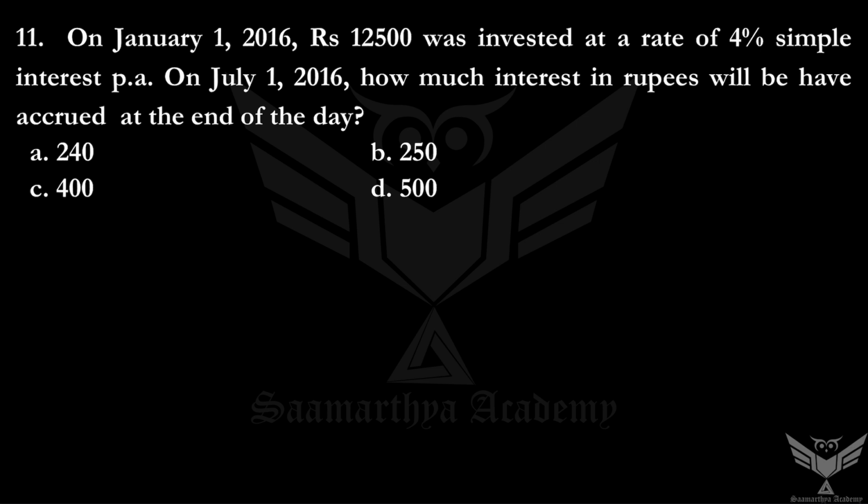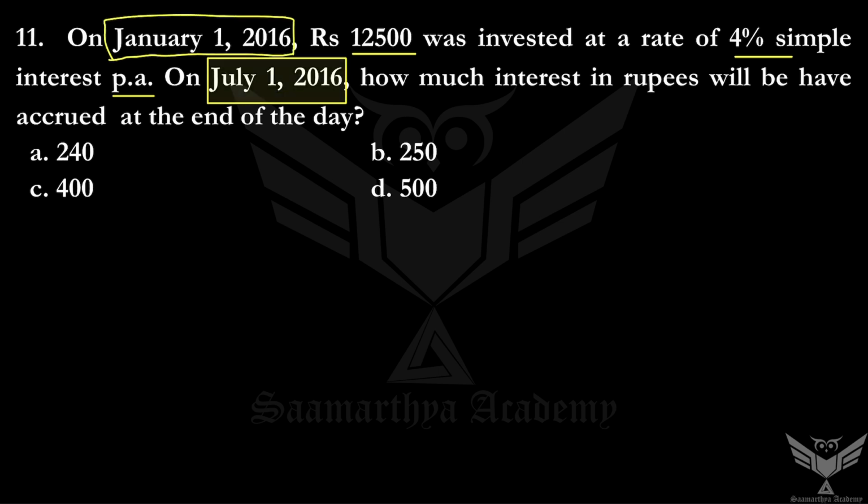On January 1, 2016, 12,500 was invested at the rate of 4% simple interest per annum. This is the amount. Rate of interest per annum means for 1 year. On July 1, 2016, and the reference was January 1, 2016, how much interest in rupees will have accrued at the end of the day? So for 1 year, it is 4%.